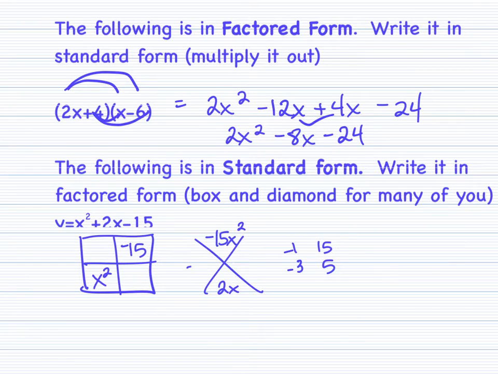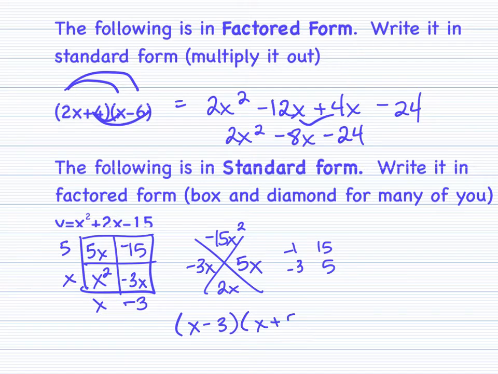So, negative 3x, pardon me, 5x is the pair that works. So x 5, negative 3, and negative 3 times 5 is negative 15. So my factored form is x minus 3 times x plus 5. And that's that.